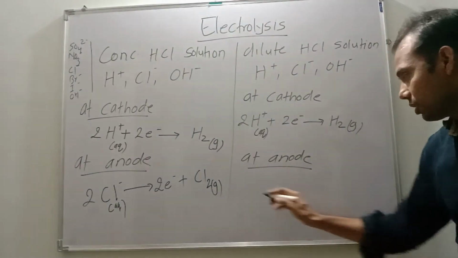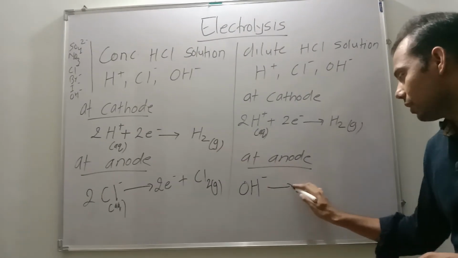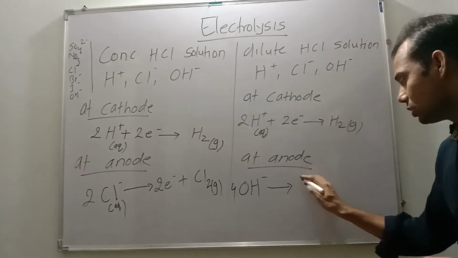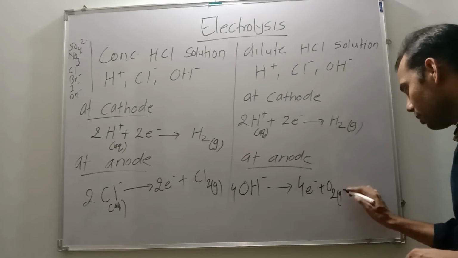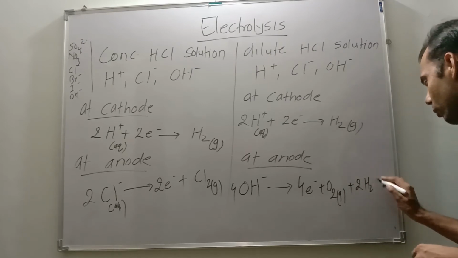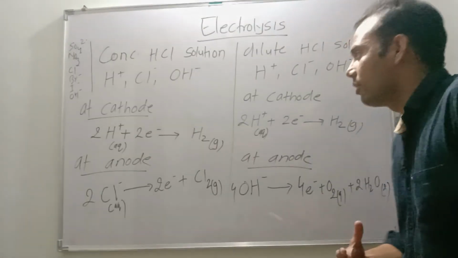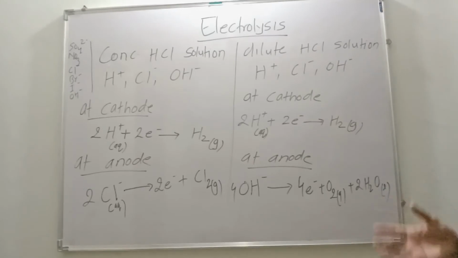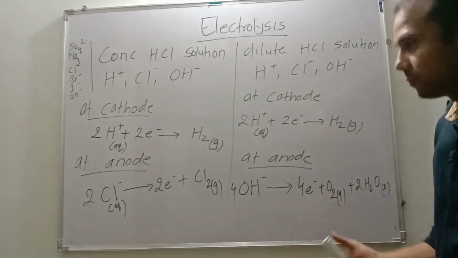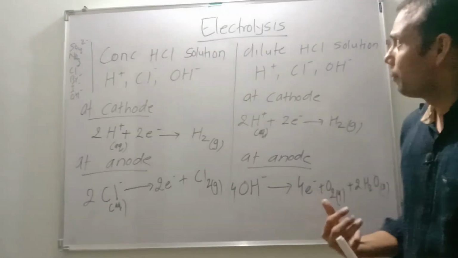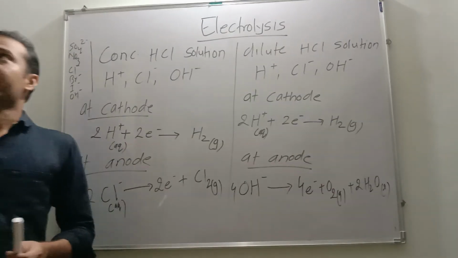So I will write here 4OH minus losing 4 electrons, forming oxygen gas plus 2H2O. So this is the overall reaction for concentrated hydrochloric acid and dilute hydrochloric acid, what forms at cathode and anode. It is very important, the reaction which is happening at cathode or at anode.